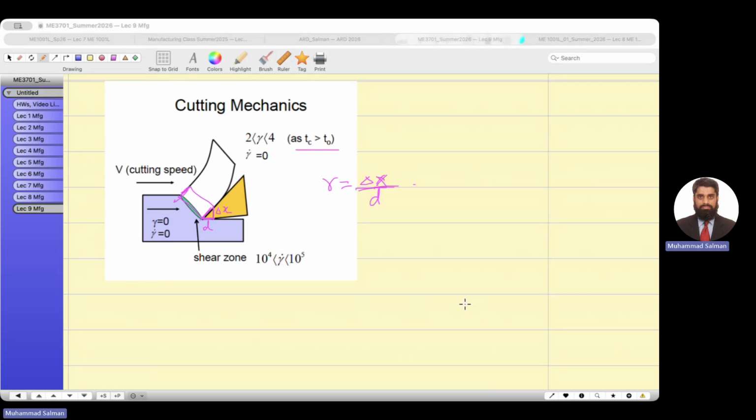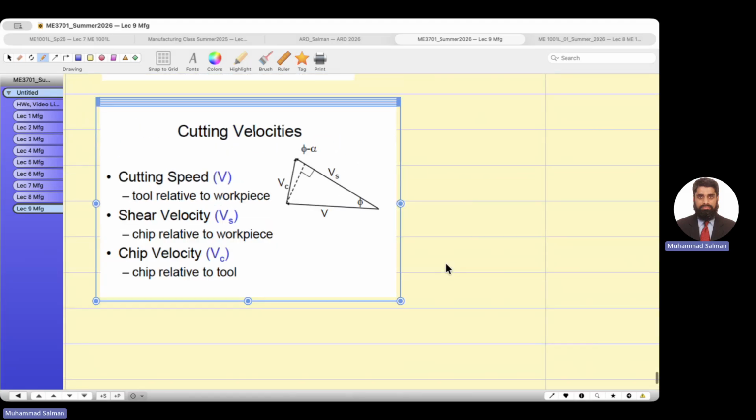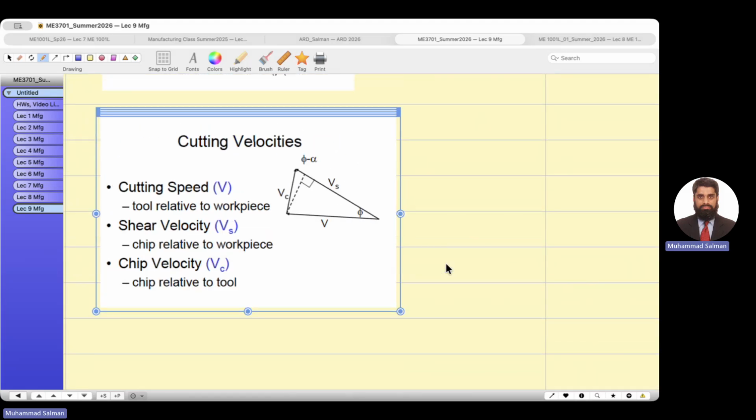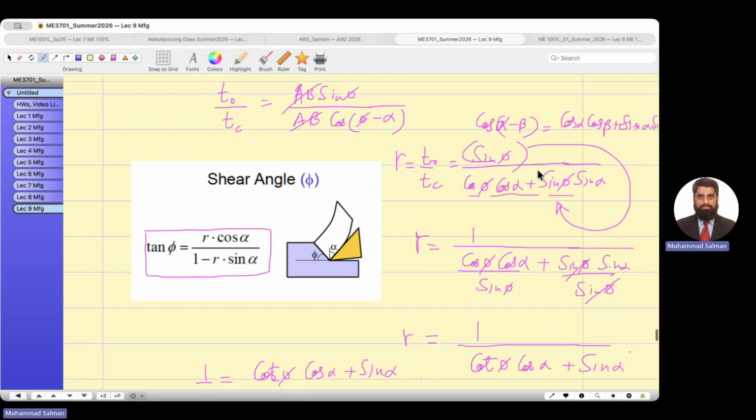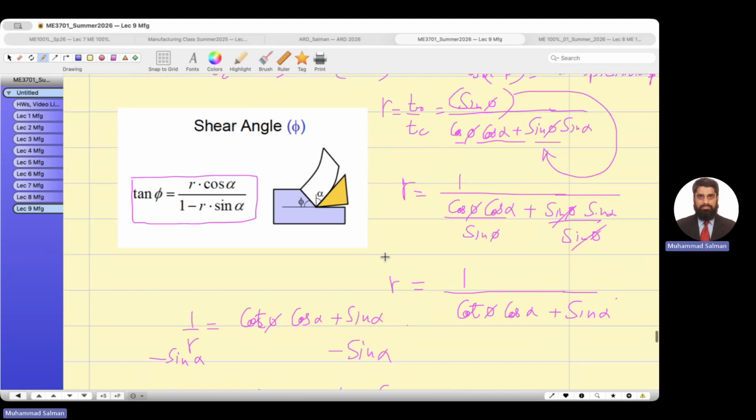Now let's do the next analysis for cutting velocities. Please draw this diagram. This is cutting velocity. How do you get this cutting velocity? A diagram is going to help you in our formulation. So let me show you. Let me bring this diagram in front of you.